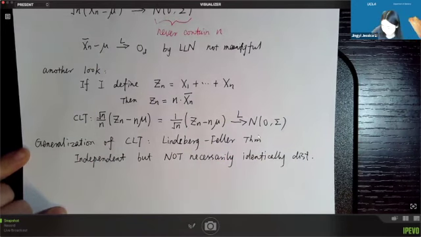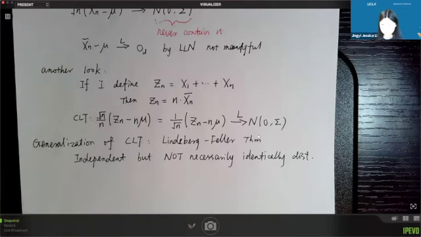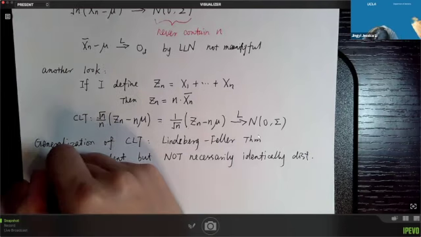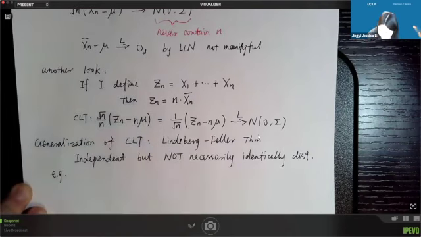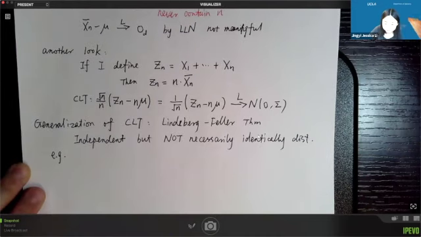So to understand what this is about, let me give you some examples before we come back to discuss them. So the first example we might be interested in is this. In statistics or probability, we often use dice tossing, or coin tossing, as an example. And here we are going to use it again.